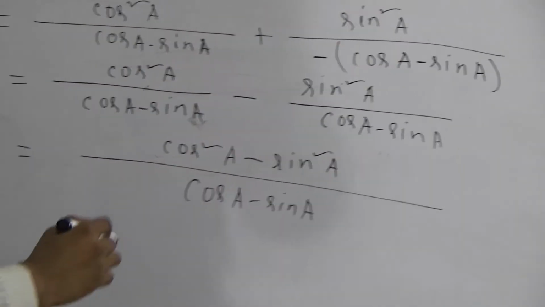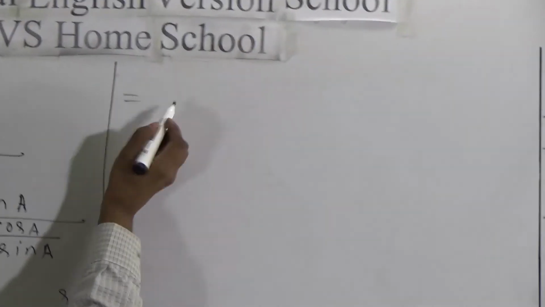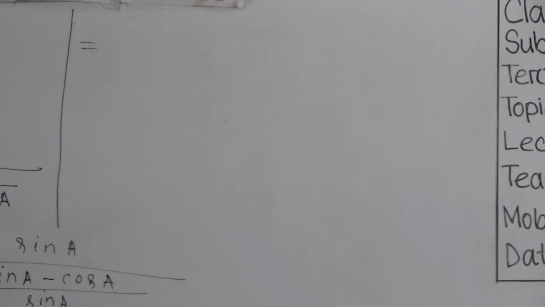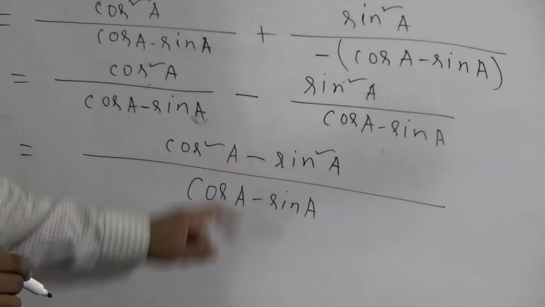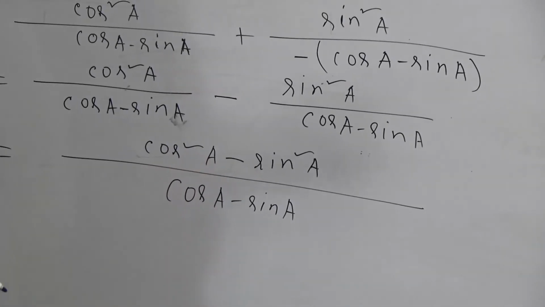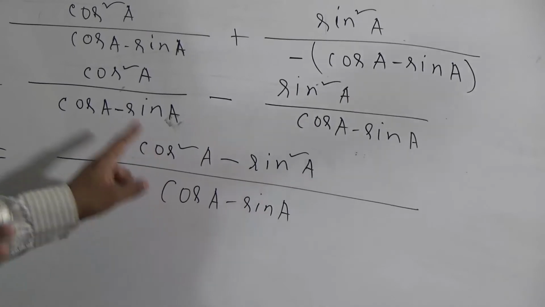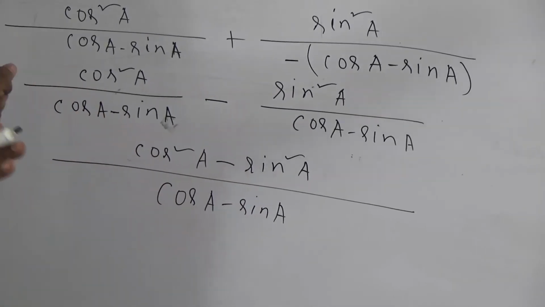Dear students, now this is equal to here cos square A minus sin square A. If we consider cos A as a and sin A as b, then we can apply formula a square minus b square. You know that a square minus b square equal to a plus b into a minus b.